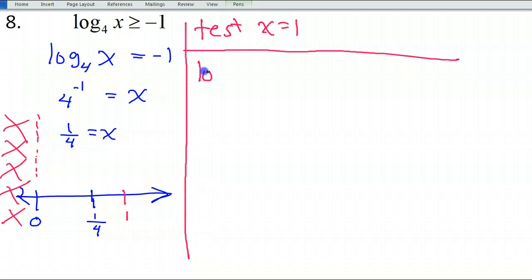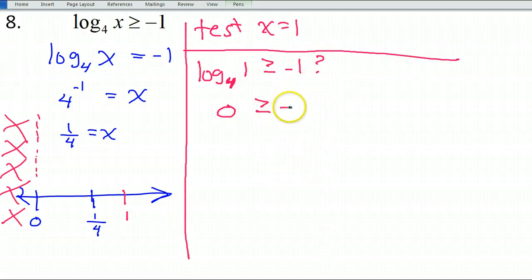So that would give me log base 4 of 1 is greater than or equal to -1. Log base 4 of 1 is going to be 0, just like before. 4 to the 0 power is 1.